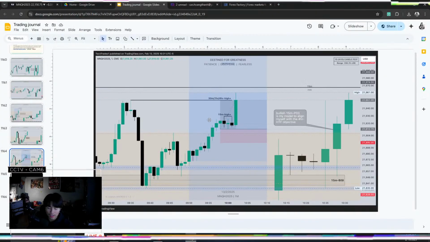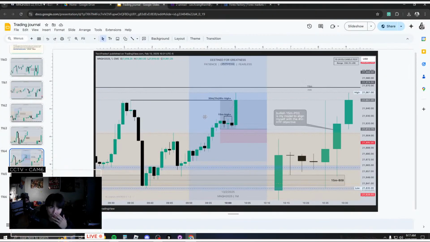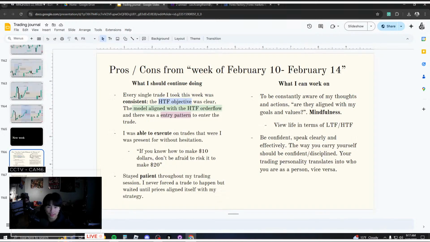So, this trade here, very, very simple. There are certain things that I look for, and if they aren't present, I'm not going to take a trade. And it's a pretty good segue onto the pros and cons here for this upcoming week. So what I should continue to do this week, I should be able to take consistent models, right?